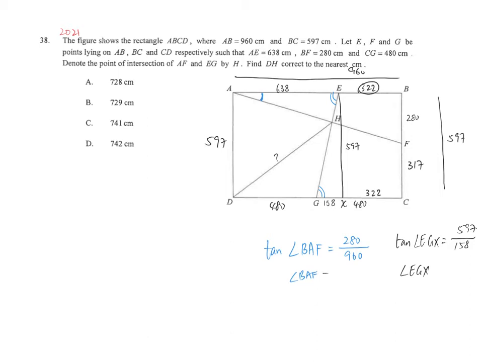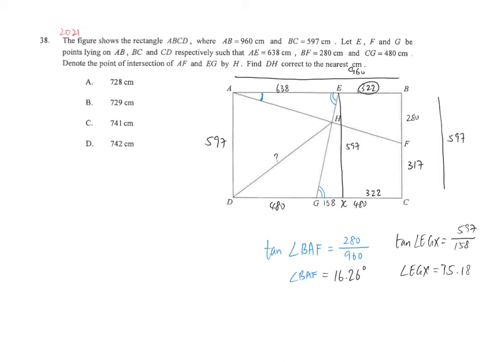So angle BAF is 16.26, and if I find the inverse tangent of 597 divided by 158, I get the other angle, which is 75.18.